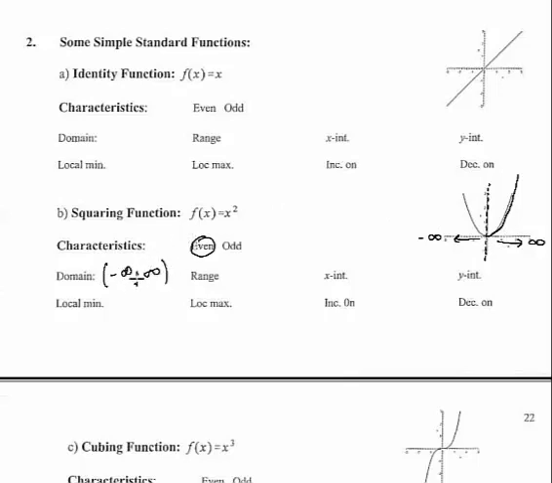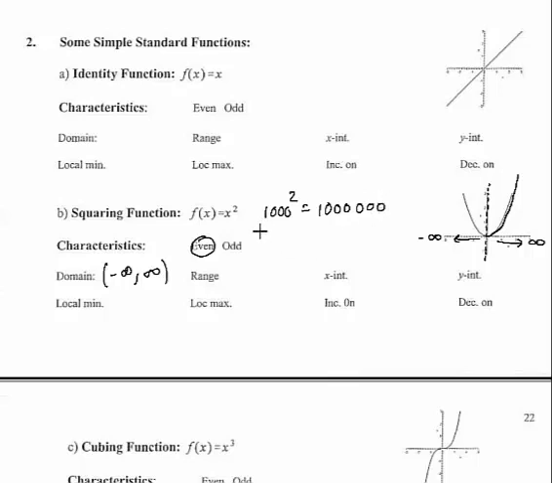We're simply taking a number and squaring the input, and I can square any number. I can take really large positive numbers, 1,000, square it, and I'll always get a real number back. This would turn out to be 1,000,000.